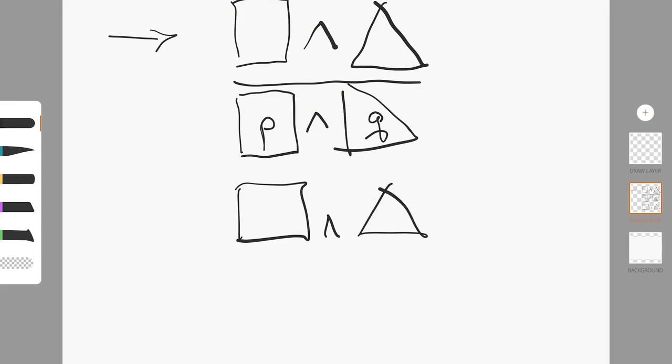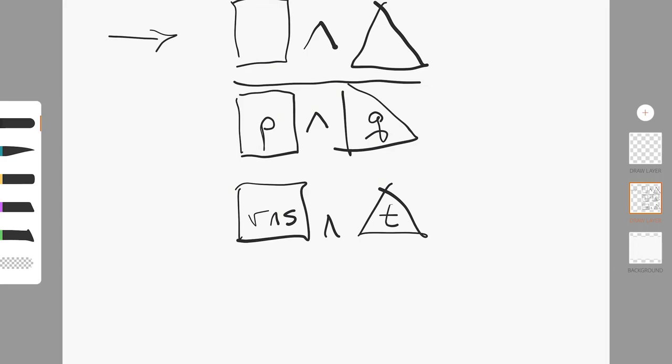In other words, we filled in both of these two slots with an atomic propositional variable, but we could just as easily have filled it in with a molecular proposition constructed out of variables, as long as it's a well-formed formula. So for instance, suppose we had in the square R and S, and suppose in the triangle we just had T. This is perfectly acceptable.